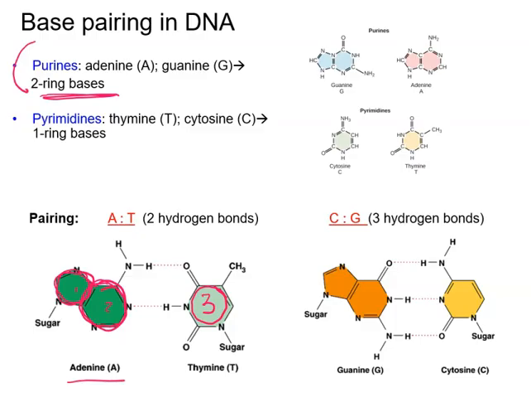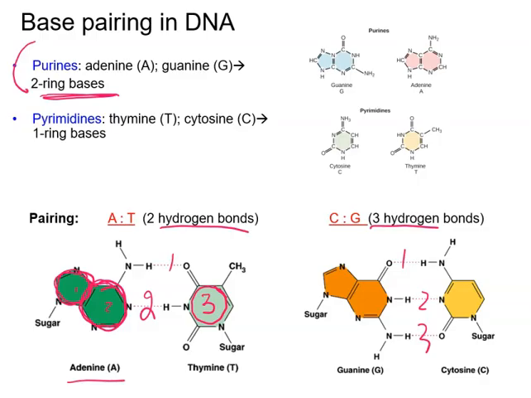So we're going to build this uniform DNA ladder. Now how do we pair up those bases? Adenine pairs with thymine because they can form 2 hydrogen bonds. Here's your bond number 1, number 2. And cytosine pairs with guanine by forming 3 hydrogen bonds: 1, 2, 3.